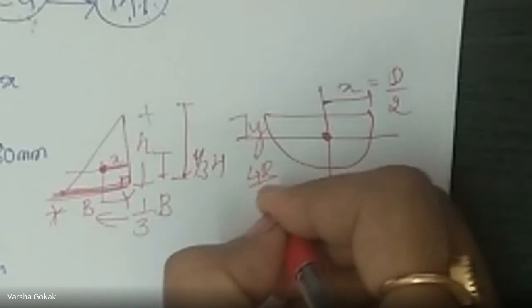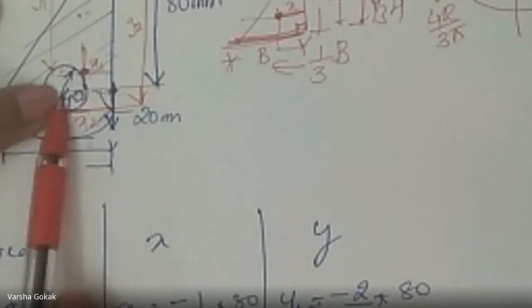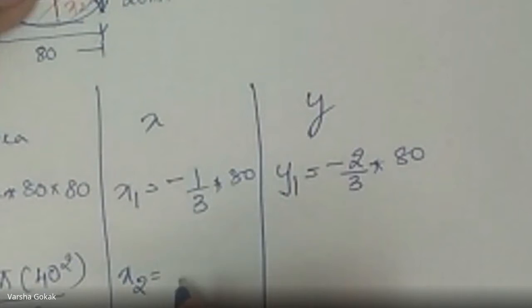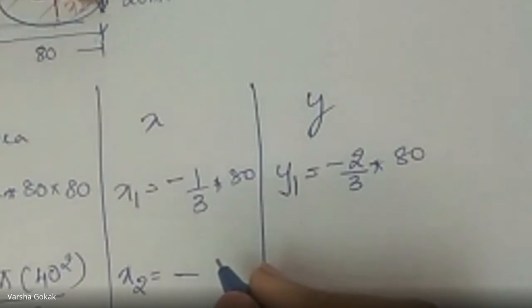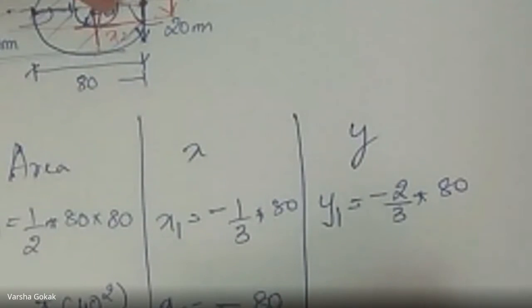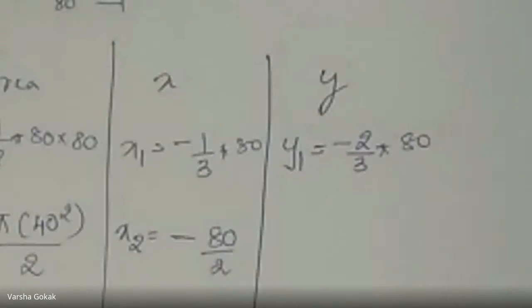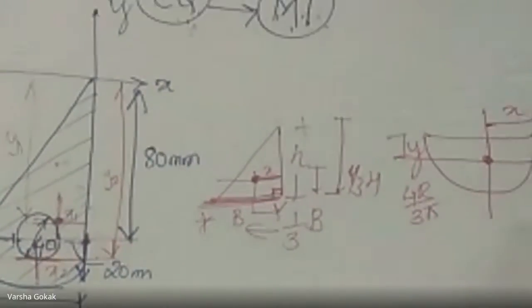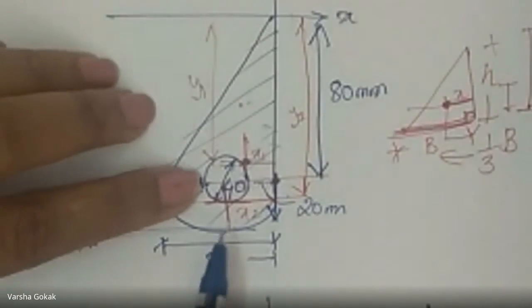4r by 3 pi. Now first let us write for x. Now look at this semicircle. Rx also is like this only, that is d by 2. Substitute. It is going to be minus d. Matlab 80. Where is the figure? Here. D is 80. So 80 divided by 2. Correct? So minus 80 divided by 2 is our x2. And y2 when we write, look into the diagram for y2.